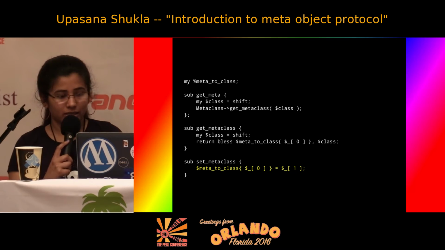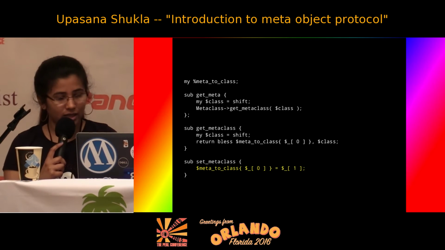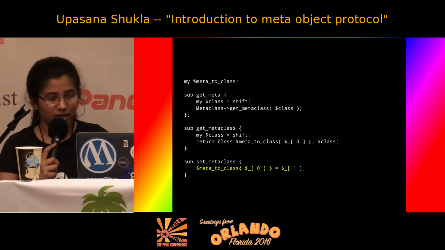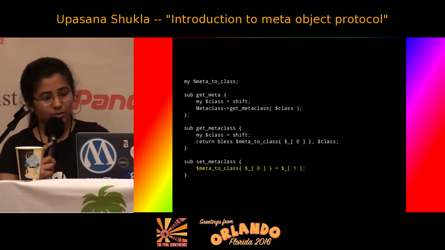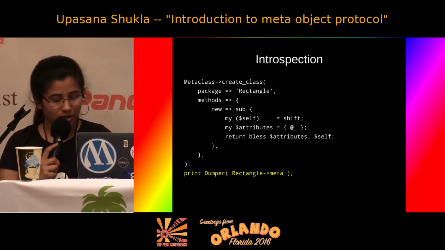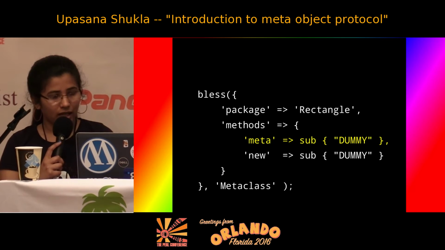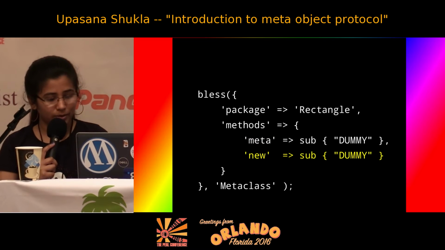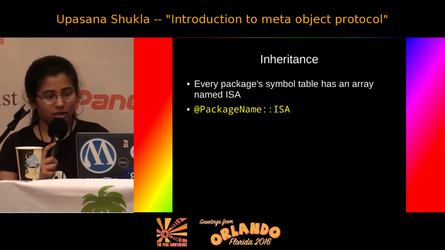So this is set meta class. I'm writing to it. The first argument would be the name of the class, and then I'm setting it to the meta class itself. And if I do this, then it works. I get this dump, which has a method named meta and a method named new.